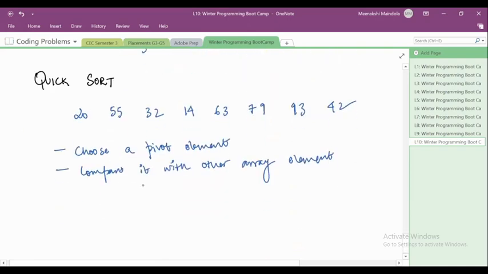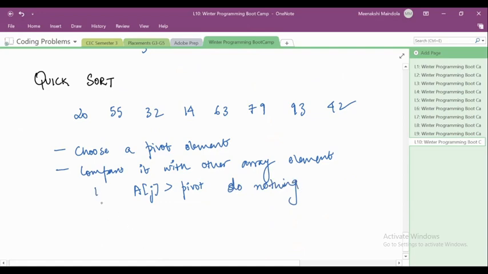So let us say you are comparing a of j with the pivot element, and a of j is greater than pivot, then you simply do nothing and move ahead. So do nothing and go to the next iteration.